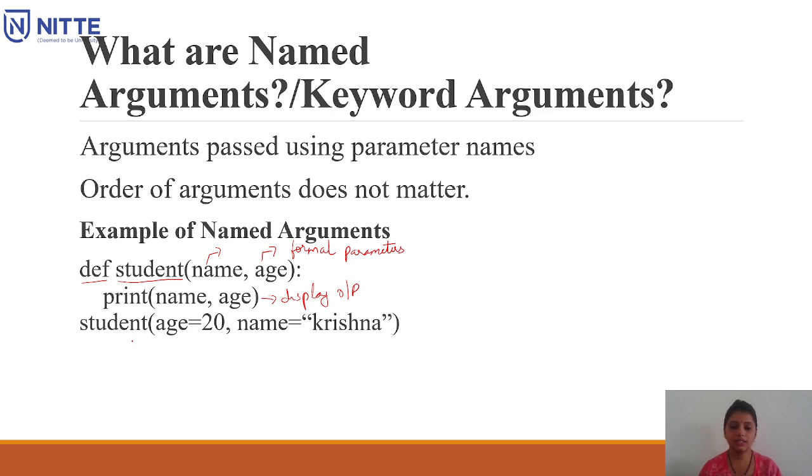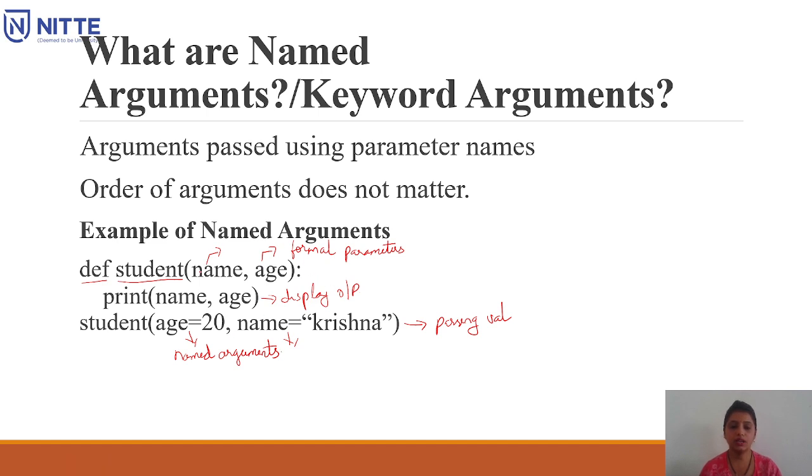Here in the next statement you can see that I am passing the values using the named arguments: student, age is equal to 20, name is equal to Krishna. So these are called named arguments. Using the named arguments, I am passing the values.